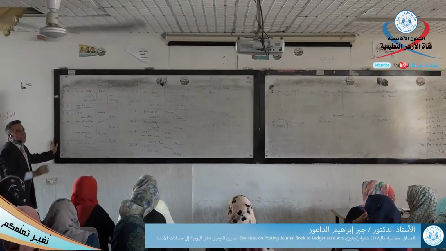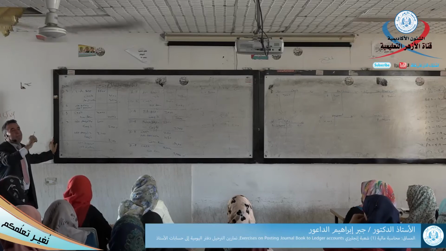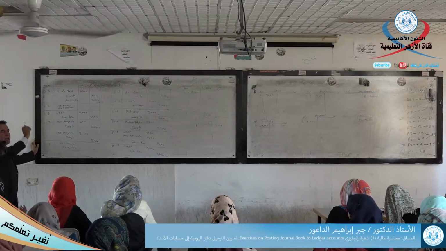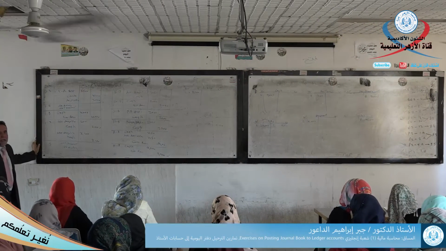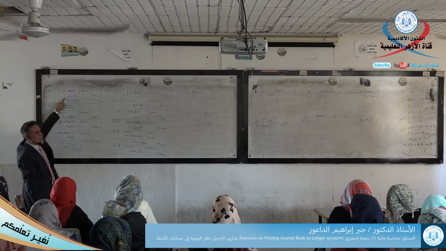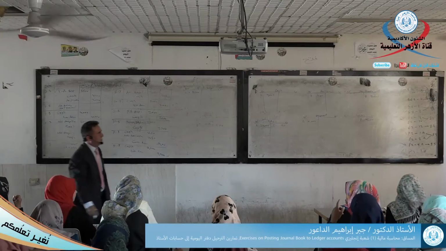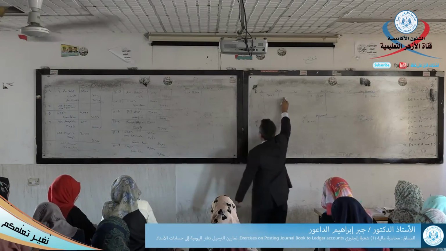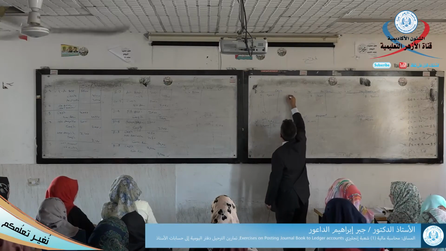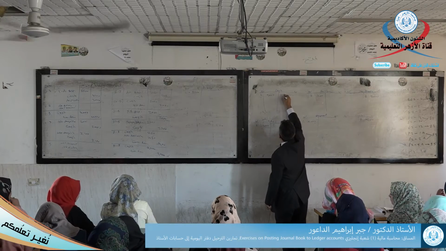Just like that, to make sure that it is posted from the journal to the ledger. Cash: we already have a cash account in the ledger. Cash, a credit of 1,500.